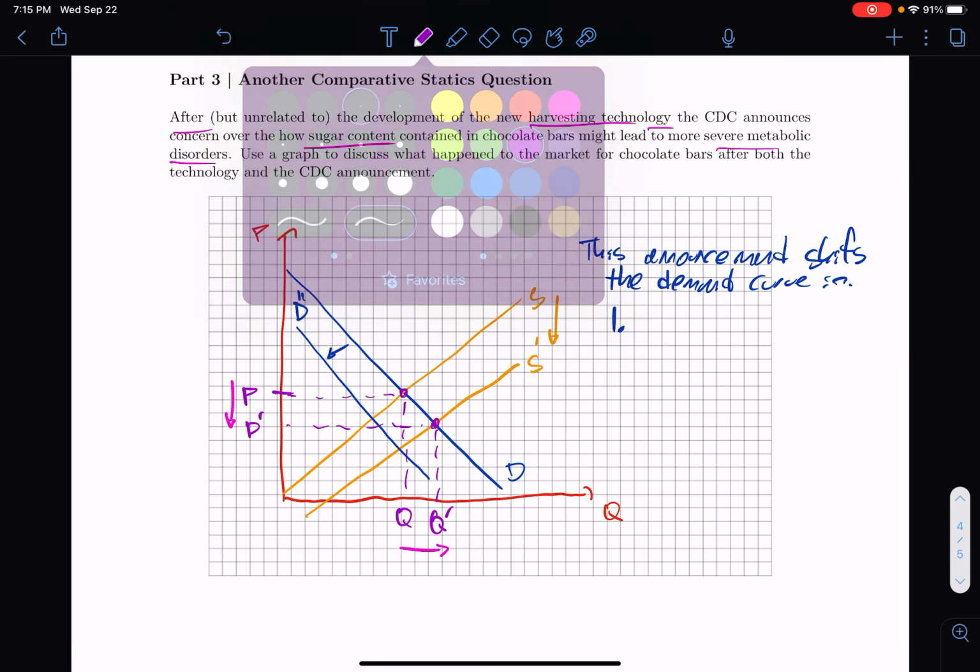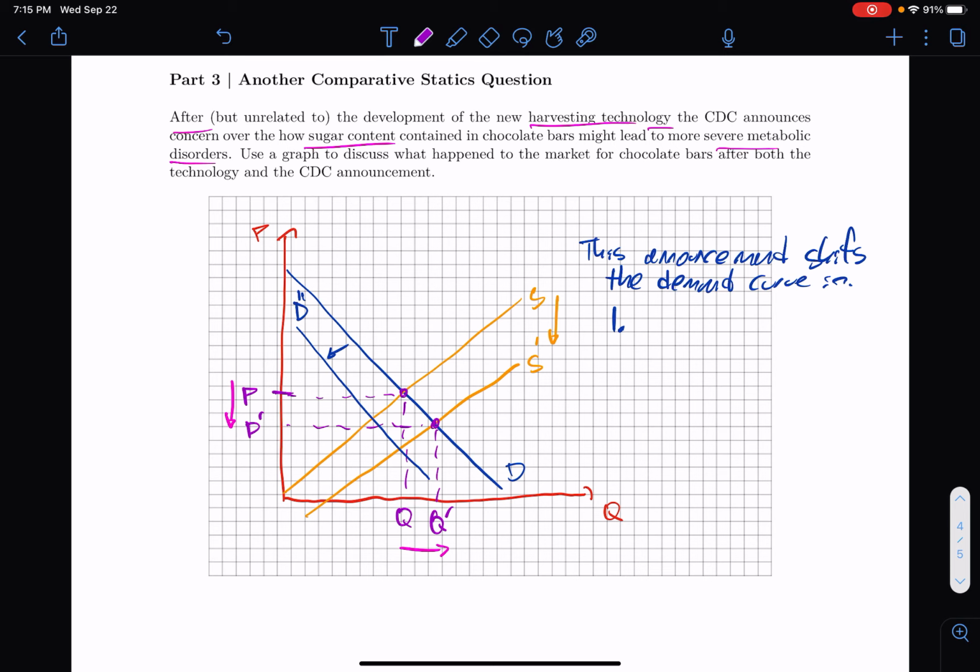So let's identify the equilibrium. We have two supply curves and two demand curves, so we have to make sure we're keeping track of which one is which. We're asked to think about what happens after the development of the new harvesting technology. So we want to look at the second supply curve. So we want to intersect the new demand curve with the new supply curve. And that's going to give us P double prime.